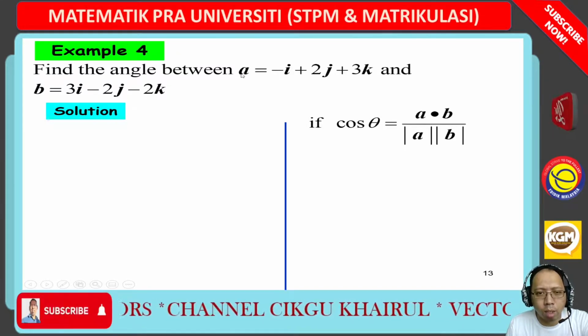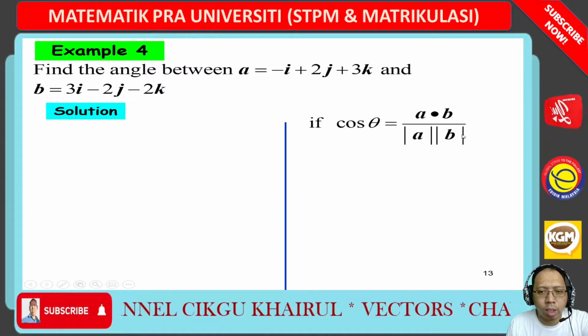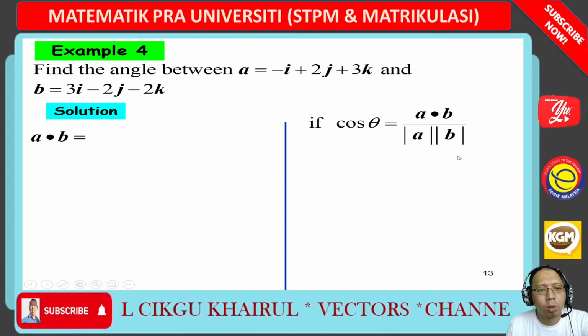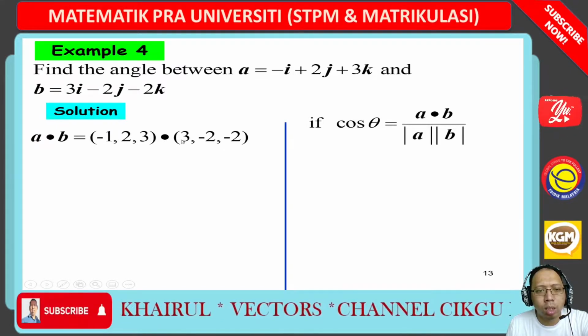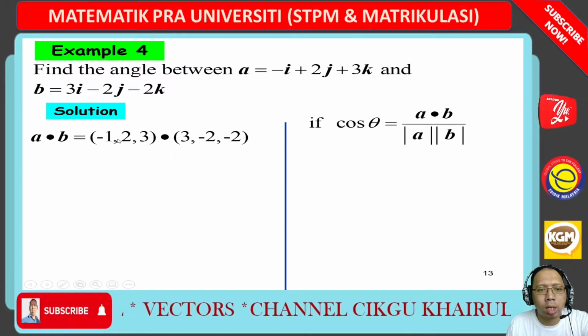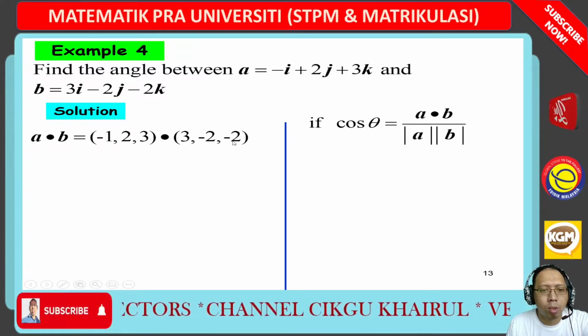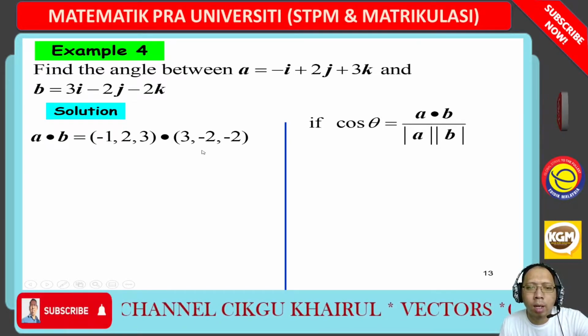We have vector A and vector B, but we need to find the magnitude of A and magnitude of B. So A dot B equal to this one, negative 1, 2, 3, dot 3, negative 2, negative 2. We only take the coefficient of both vectors, because i, j, and k will get 1.